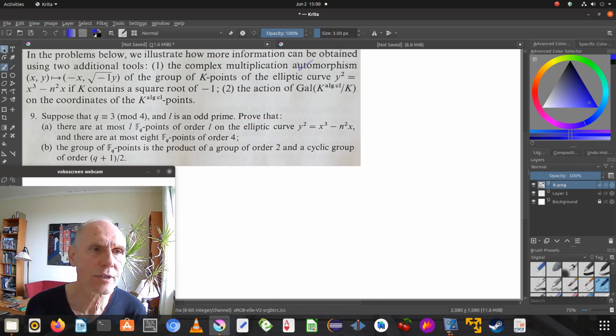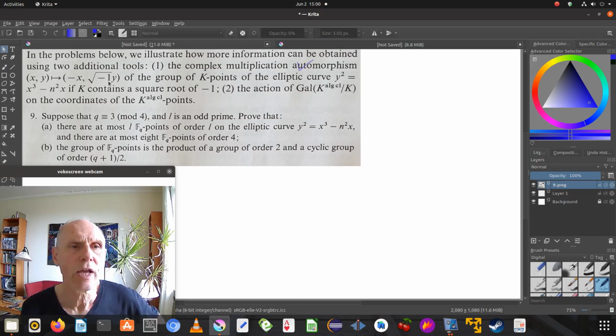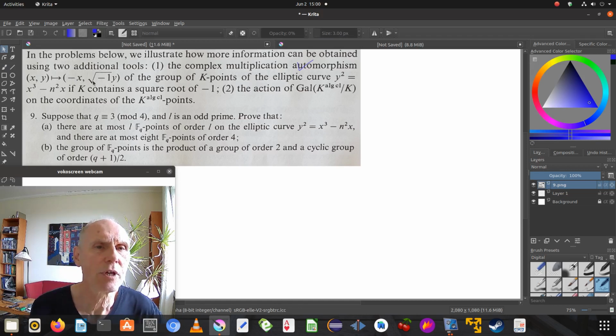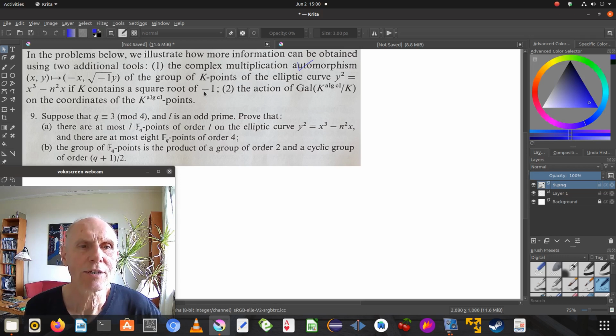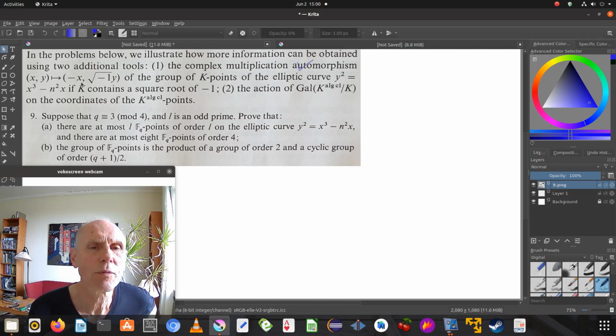The next step, and that actually means something if it contains a square root of -1, of course. Now, if we have 2 points, (x, y1) and (-x, y2), then K will contain a square root of -1.